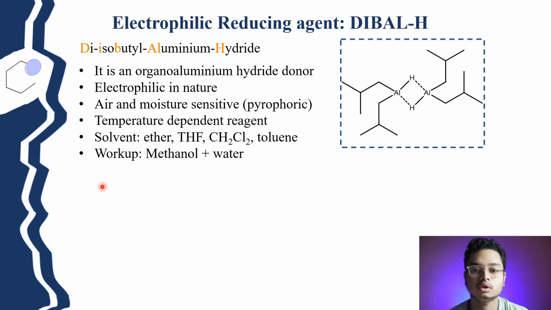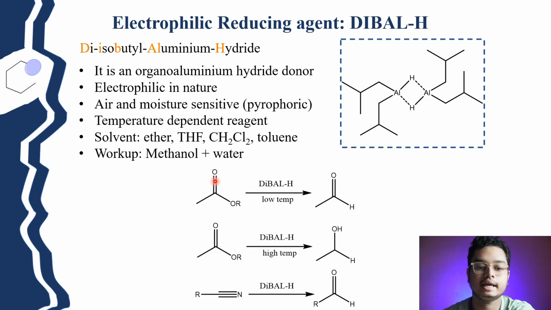What is the role of DIBAL-H in this reaction? DIBAL-H basically generates aldehyde. If you want to convert ester to aldehyde, and stop the reaction at the aldehyde position, not at the alcohol position, then you can use DIBAL-H. At low temperature, it will reduce ester to its corresponding aldehyde, not alcohol.